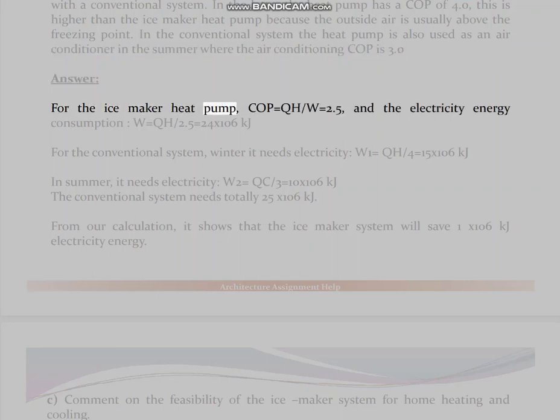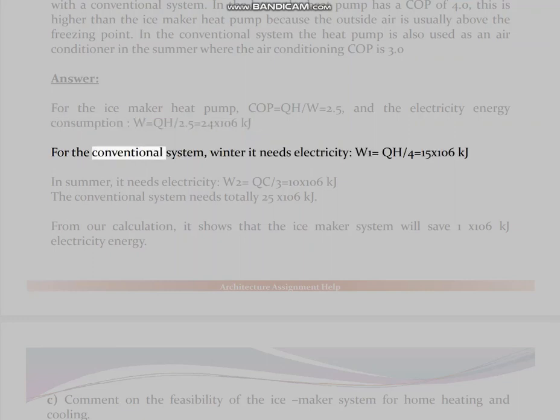For the ice maker heat pump, COP equals QH/W equals 2.5, and the electrical energy consumption W equals QH/2.5 equals 24 x 10^6 kJ. For the conventional system, in winter it needs electricity W1 equals QH/4 equals 15 x 10^6 kJ.